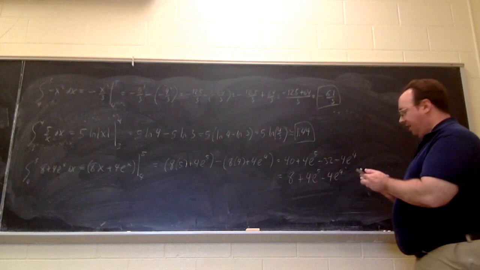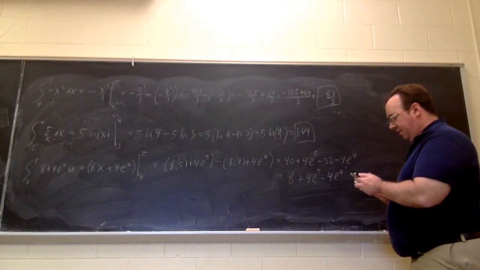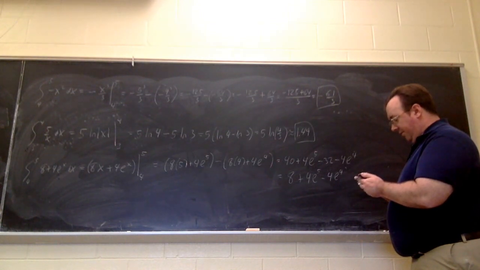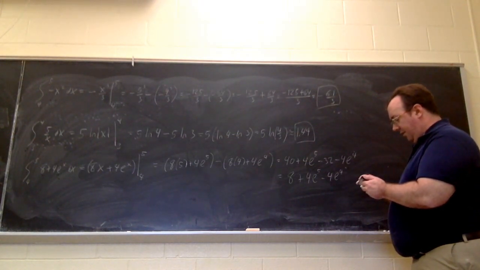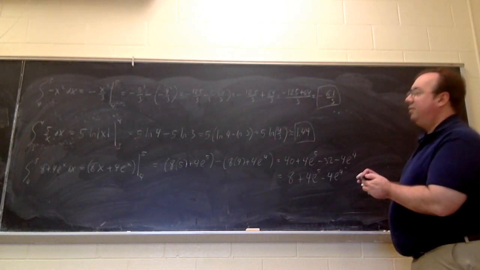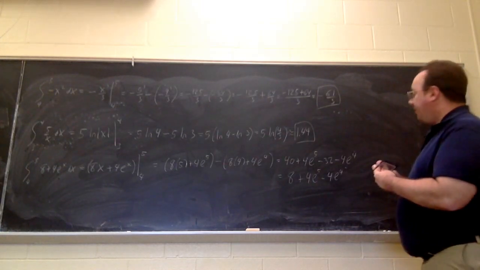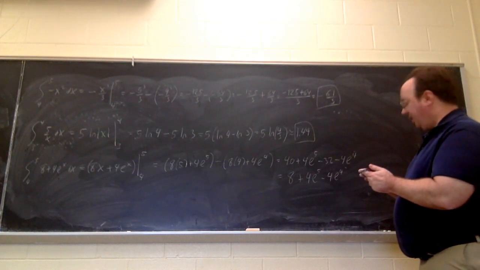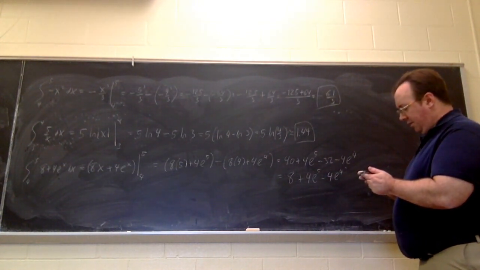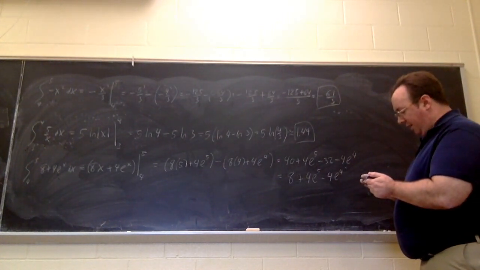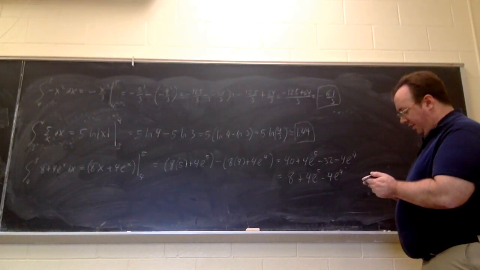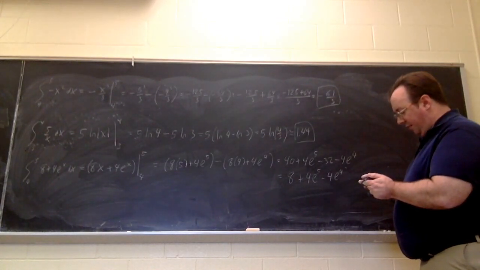So e to the 5th is 148.41, and then times 4. So it's almost 600. Minus 4 times e to the 4th.